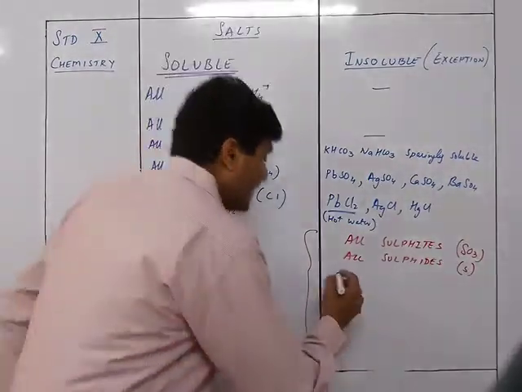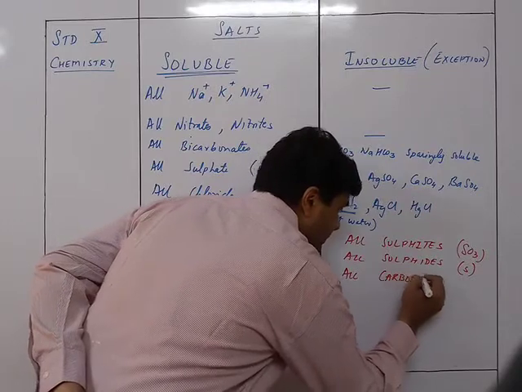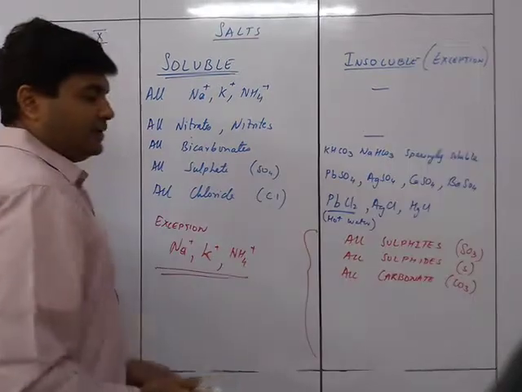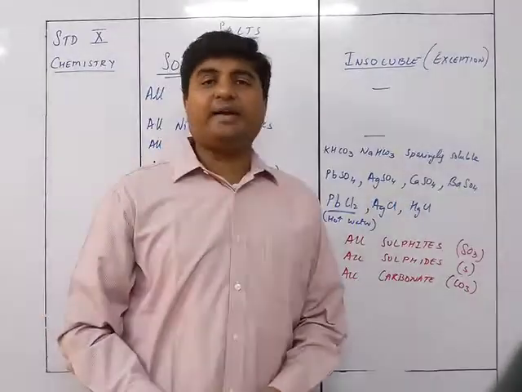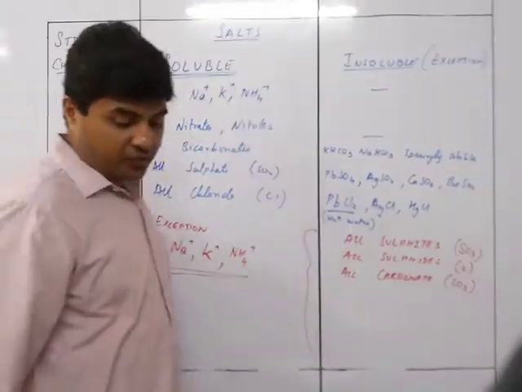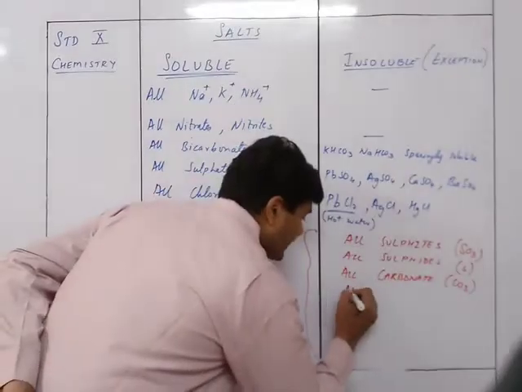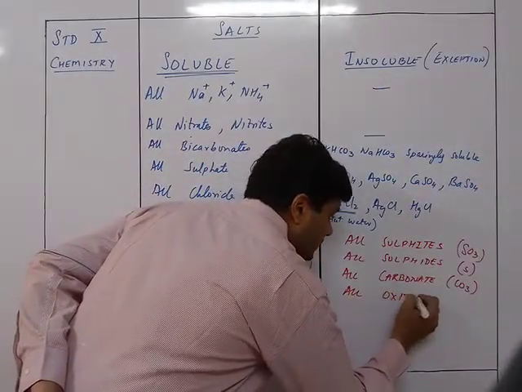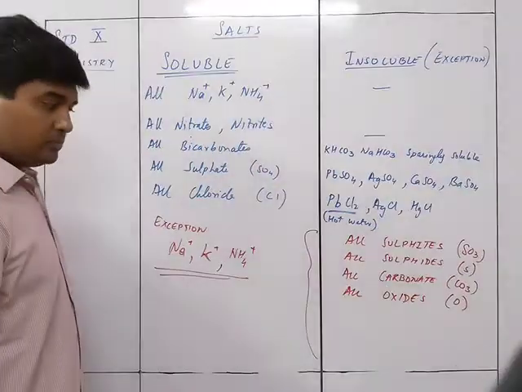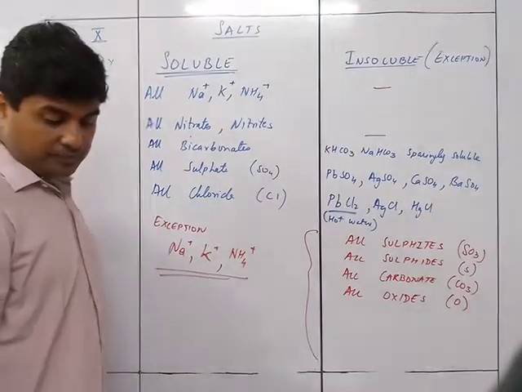The next is all carbonates, that is CO3. Any salt having a carbonate will be insoluble except again Na, K, NH4. Next is all oxides, that is O, insoluble except for Na, K, NH4.